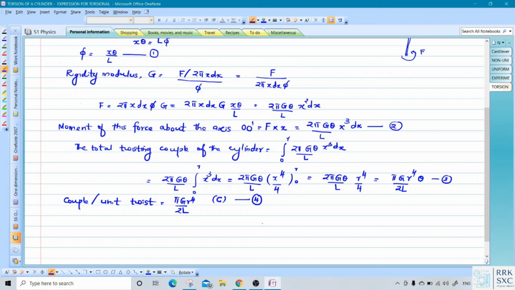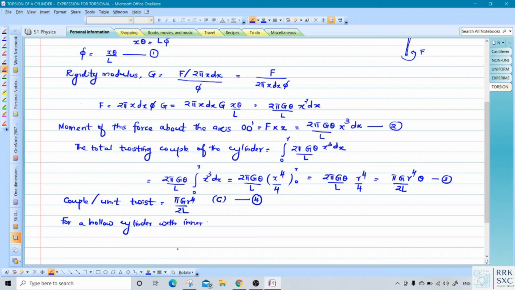So inner radius and outer radius you have to take into account, and let me write it for a hollow cylinder.